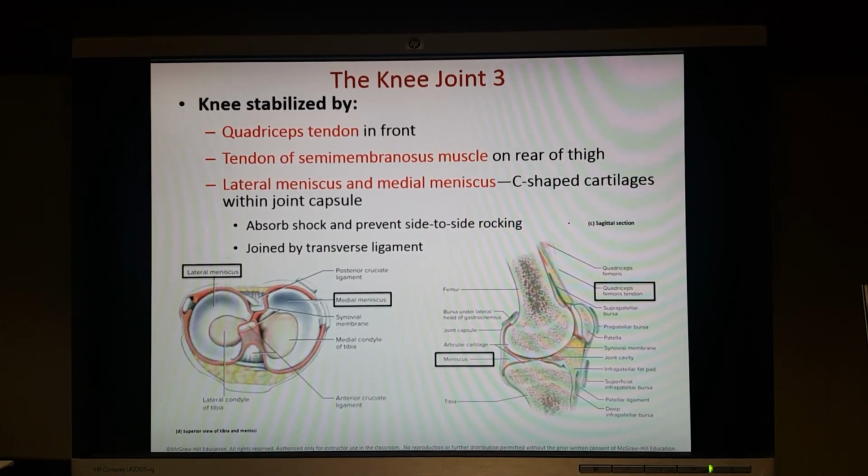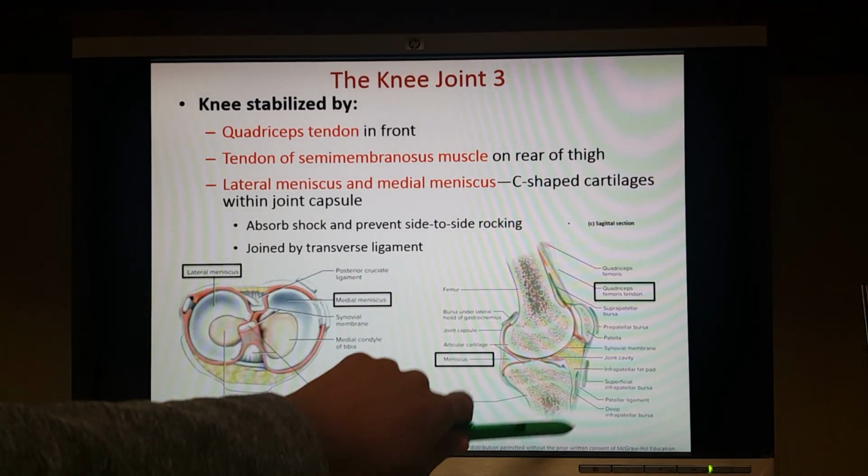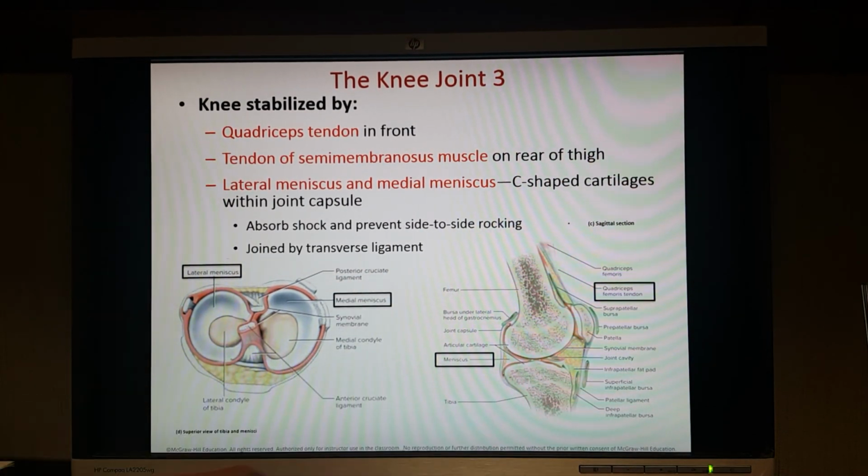So to help stabilize this joint, there's multiple ways to do so. Again, you have your quadriceps tendon from that muscle in the front of your knee going across that anterior surface. Then you have the tendon of the semimembranosus muscle on the back part of your knee. And then you have your lateral and medial meniscus.